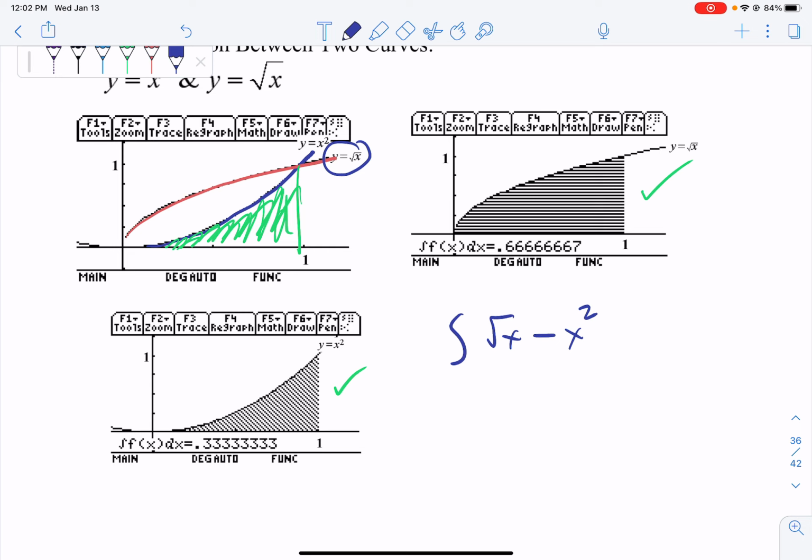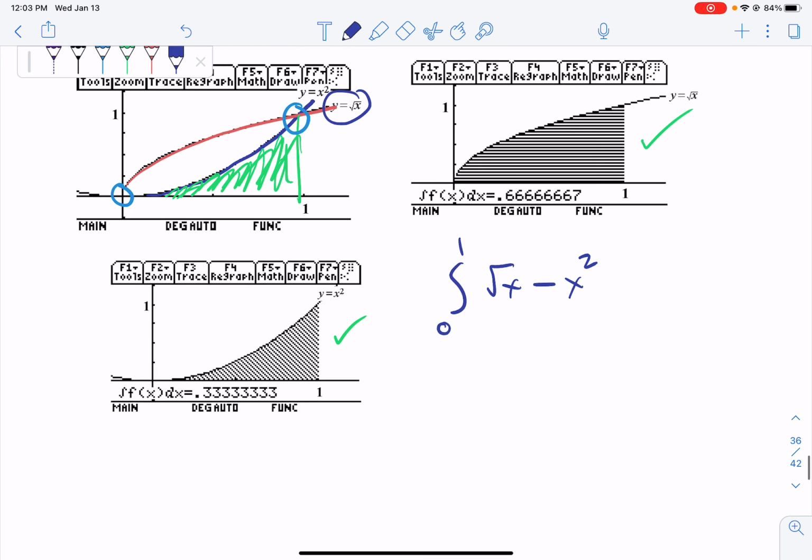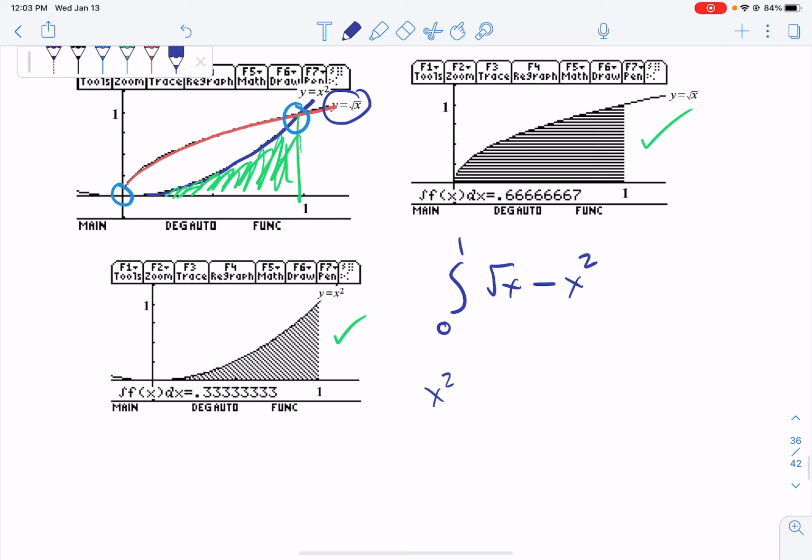If it doesn't tell you, in this one it kind of shows you on the graph, it gives you an idea that we're probably integrating between 0 and 1. If it doesn't tell you, what you're looking for is where these two functions are going to cross, where they equal each other. So in this case, I would take x squared, set that equal to root x, and then solve for x, right?